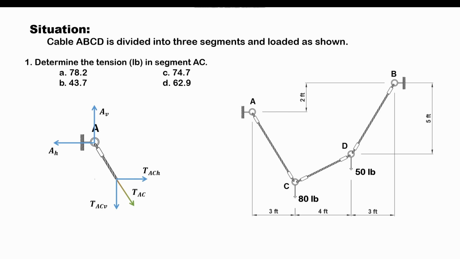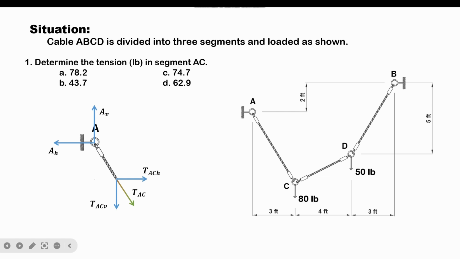If we analyze joint A, let's sum forces along the horizontal direction. Looking at our free body diagram of joint A, there are only 2 horizontal forces involved, which are AH and TACH.